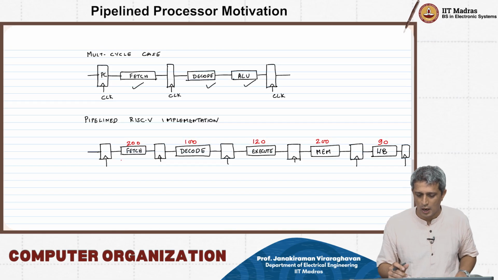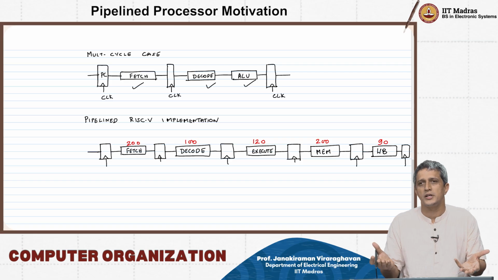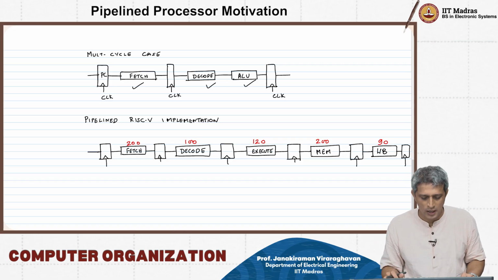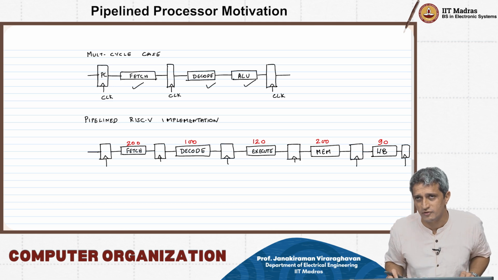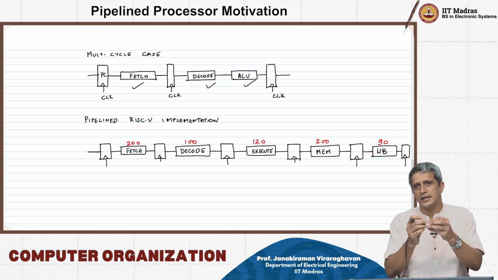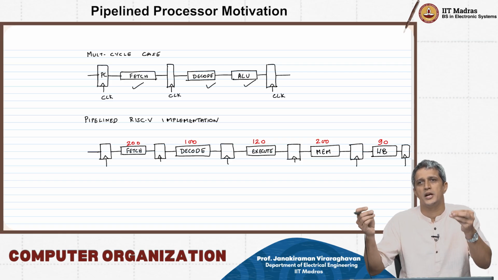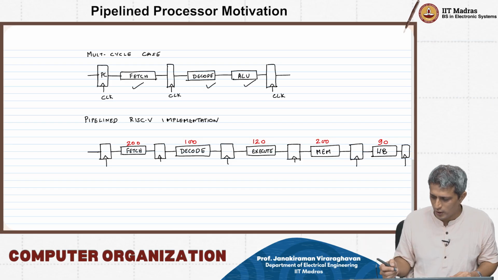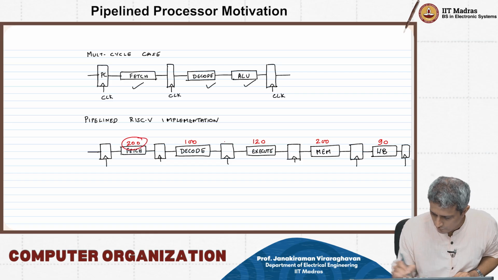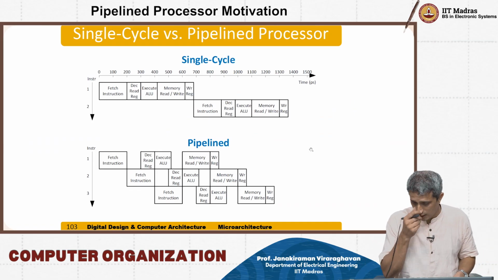But effectively now if you ask me what is the clock frequency at which you can operate this, it really goes back to our static timing analysis, where we said that the moment I start pipelining, the clock frequency is going to be determined by the slowest combinational block between any launch and capture flop. So if you look at this, these two stages are very similar in terms of delay.